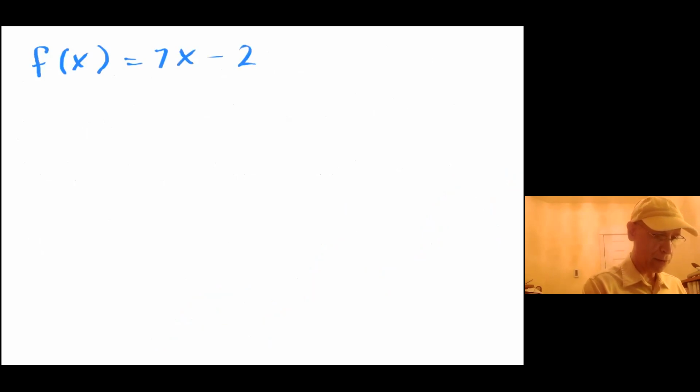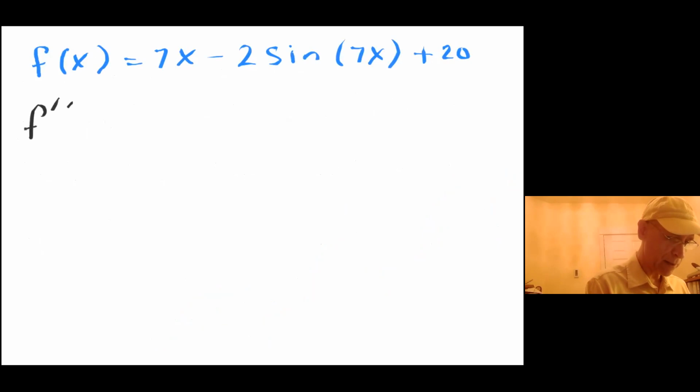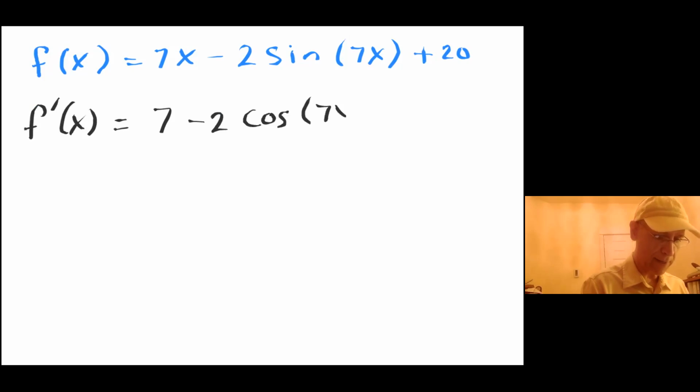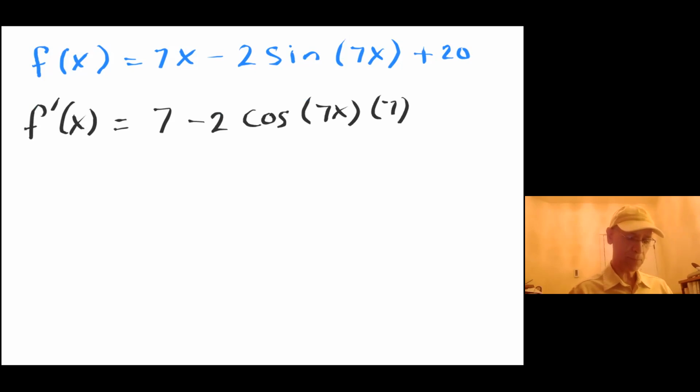We said that f of x equals 7x minus 2 sine of 7x plus 20. So f prime of x equals 7 minus 2 times cosine of 7x using the chain rule times 7.